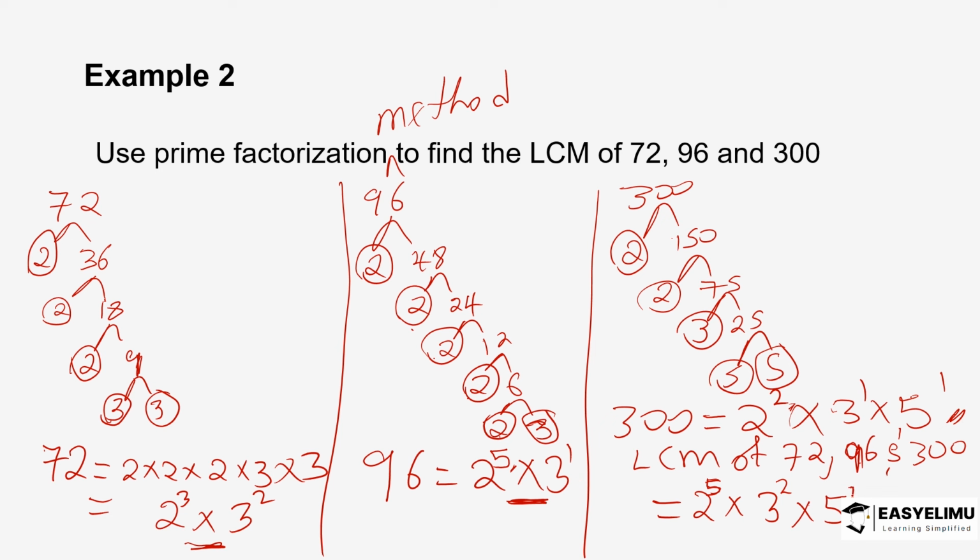So 5 power 1 is the highest. And so this is the LCM. So we can simplify it so that we have 32, since 2 raised to power 5 is 32. And then this is 9. And then this is 5.